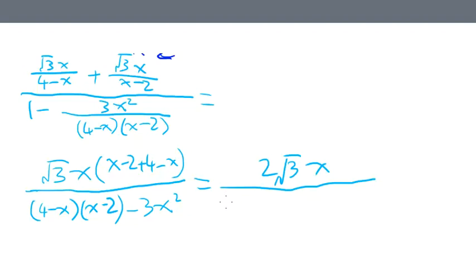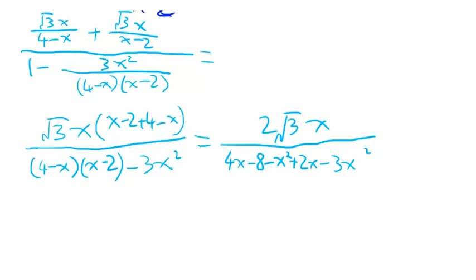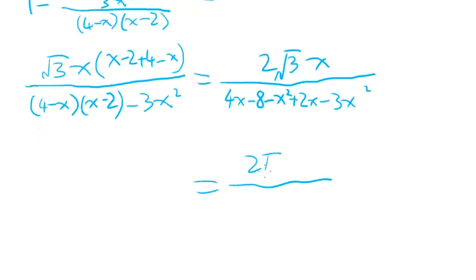And then the 4x minus 8 minus x squared plus 2x, right? Minus 3x squared. So the bottom will turn to negative 4x squared plus 6x minus 8.